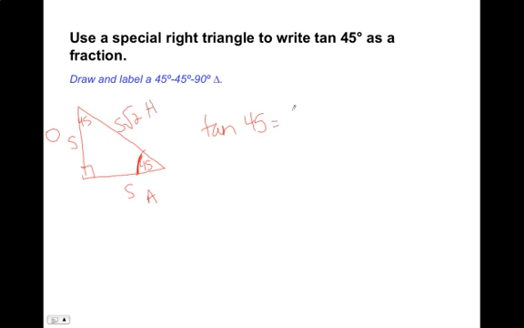Using your SOHCAHTOA, we know the tangent is opposite over adjacent, so we have s over s, which is 1. So the tangent of 45 degrees is 1. Make sure you got this answer. If not, refer back to the examples to make sure you understand how to do it.